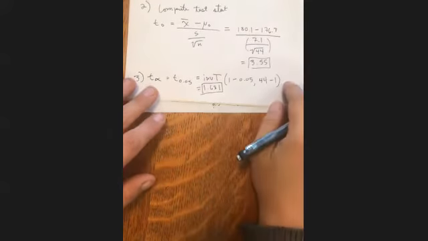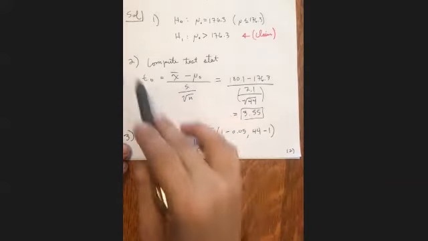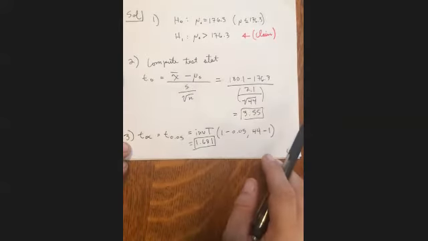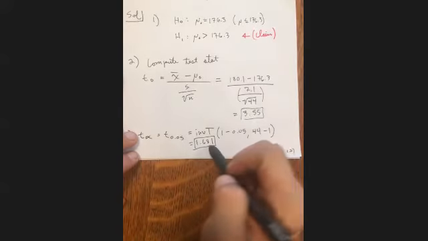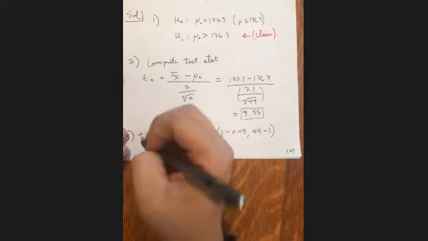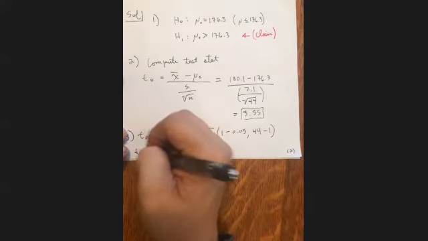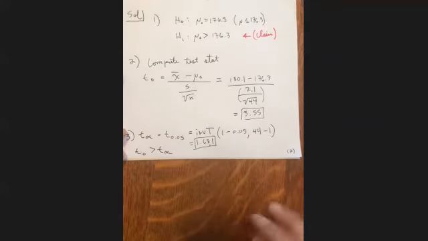Okay, so now we just need to compare this critical value with our test statistic. And what do we find? We find that the test statistic is greater than the critical value, right? So we have that t naught is greater than t alpha.